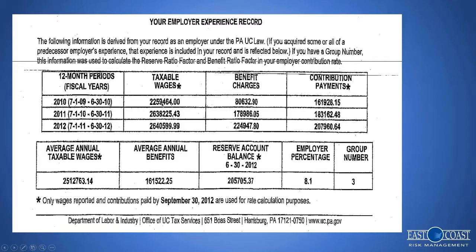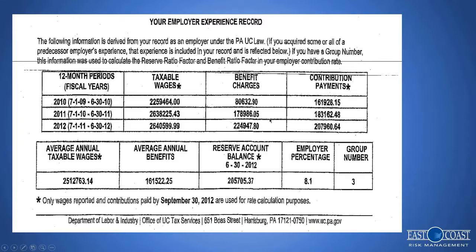You want to audit these line items all the way across for each year. Look at your taxable wages as to what wages should have been reported, what the benefit charges are for that year, and you would verify these by looking at your monthly charge statements, and then your contribution rate, what you're actually paying the agency for your coverage.